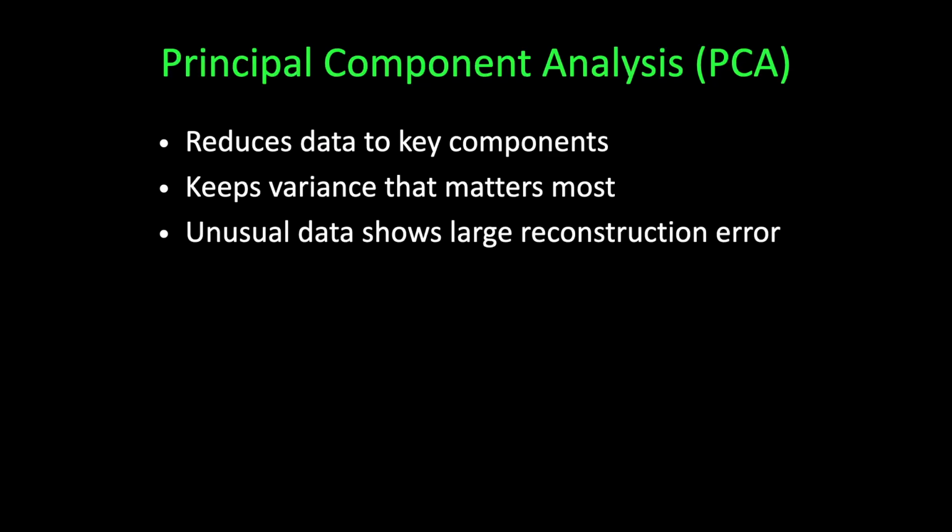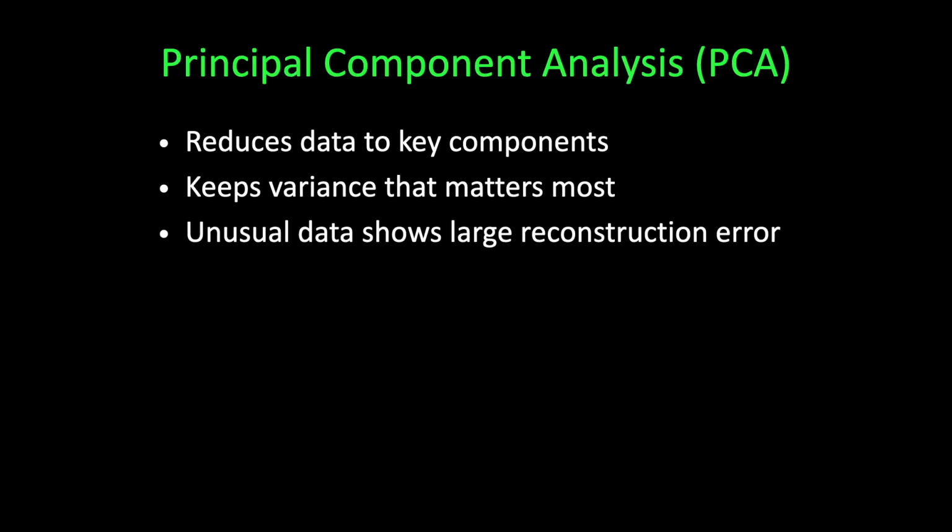So if we have hundreds of features that describe a network session, like packet counts, durations, flags, protocols, maybe byte sizes, and so on, PCA identifies the combinations of those features, called components, that capture the most variance in the data.